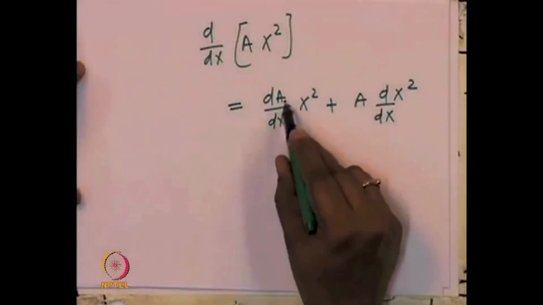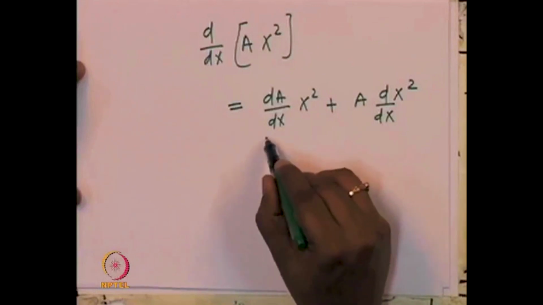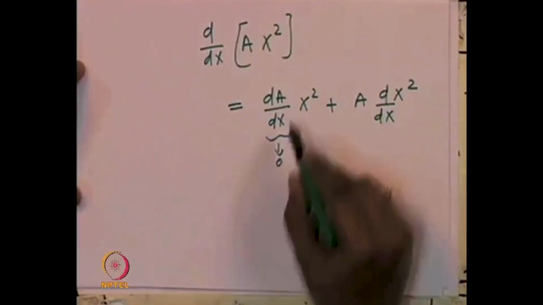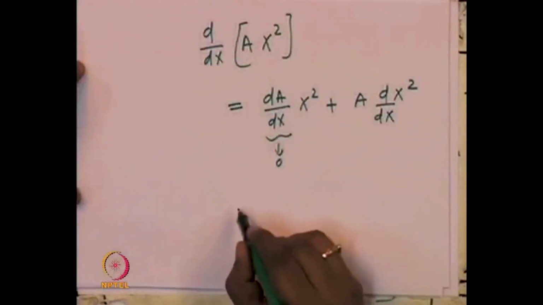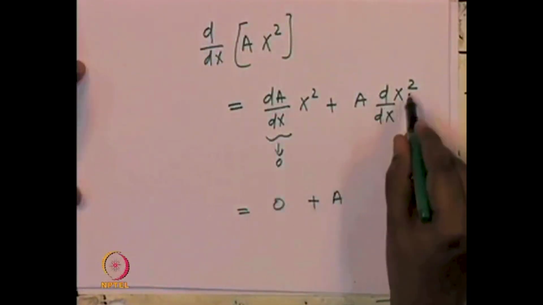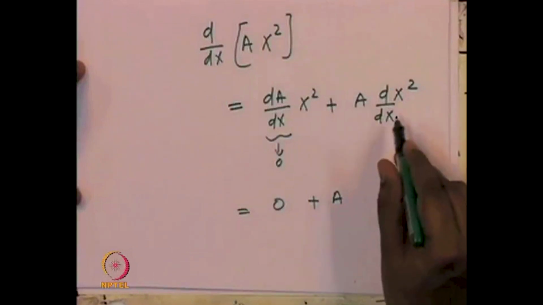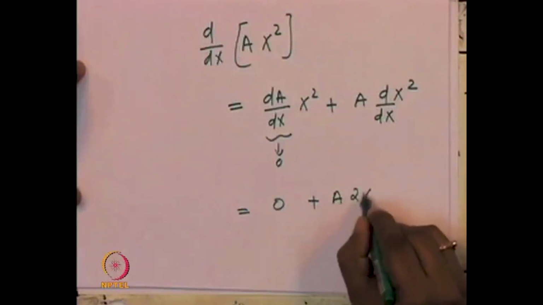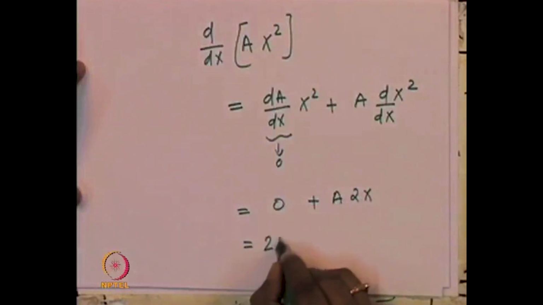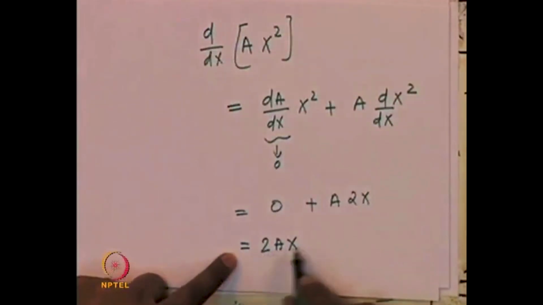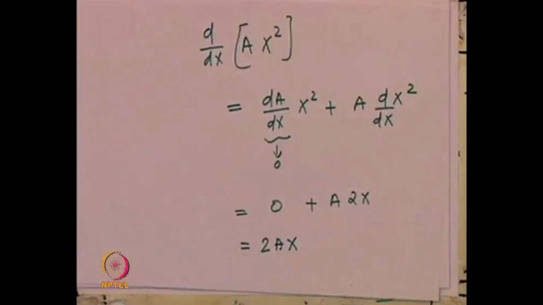As I said, a is a constant, so the derivative of a is 0. So, this term is 0, since 0 times anything is 0. So, the first one is 0 plus a times d by dx of x square, which is 2x. So, this is a times 2x, basically 2ax. So, d by dx of ax square is 2 times a times x.